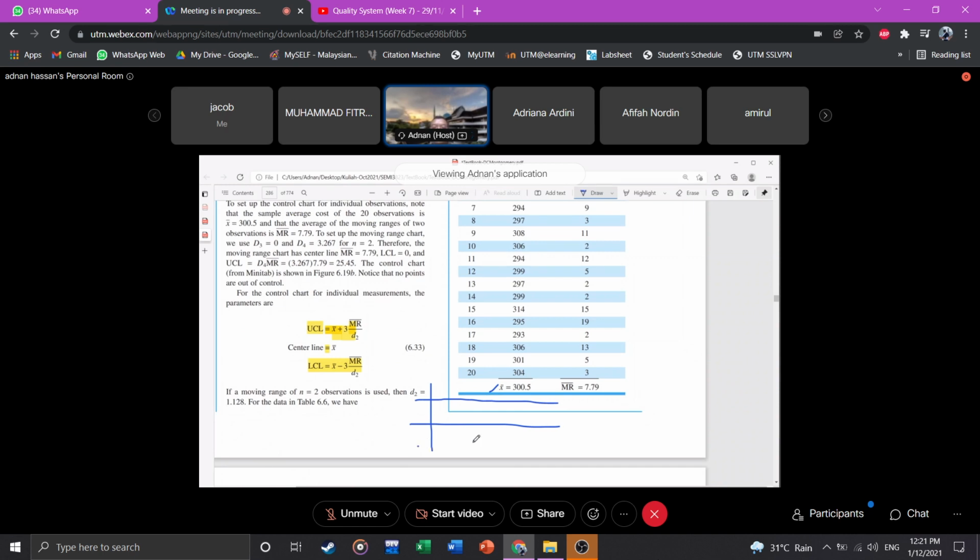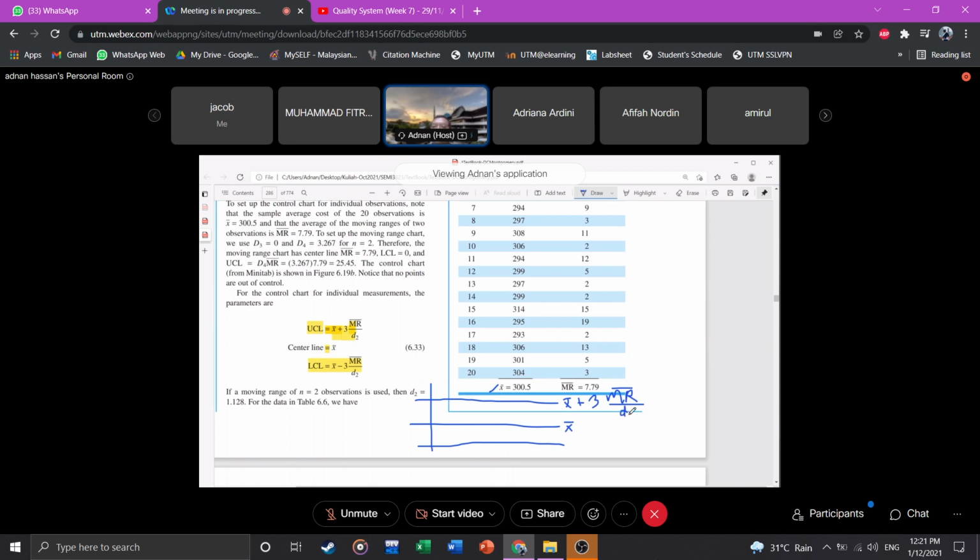Okay. So now this is X bar, not X double bar, X bar, because this is an individual control chart. So this will be X bar plus 3 sigma. Okay, the sigma here is given by the average of MR divided by D2.